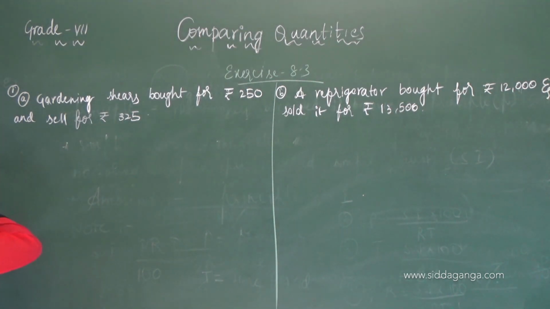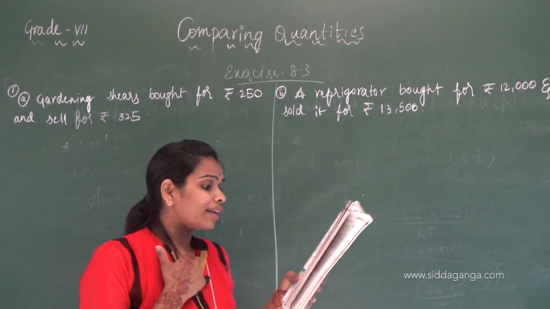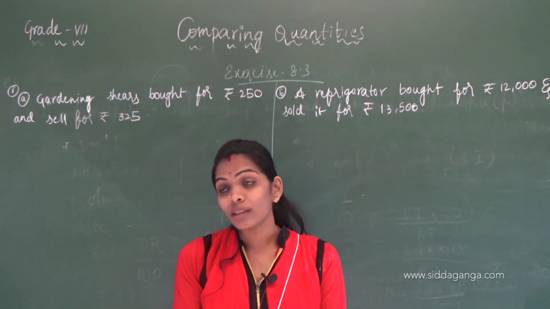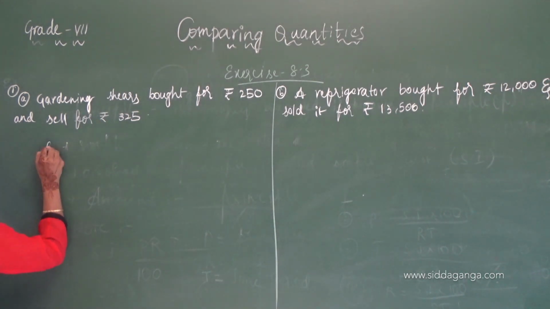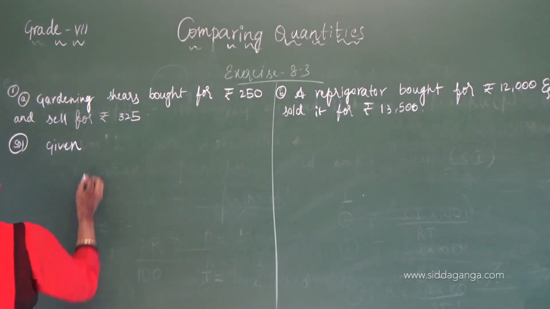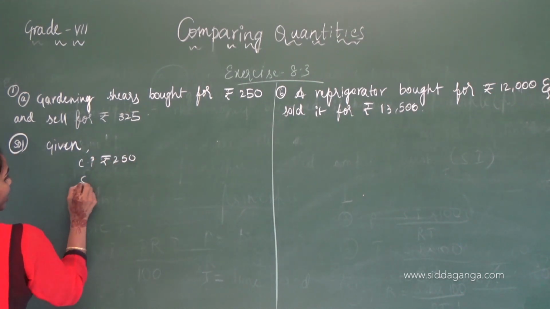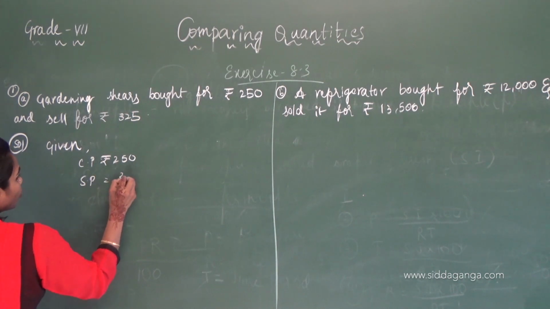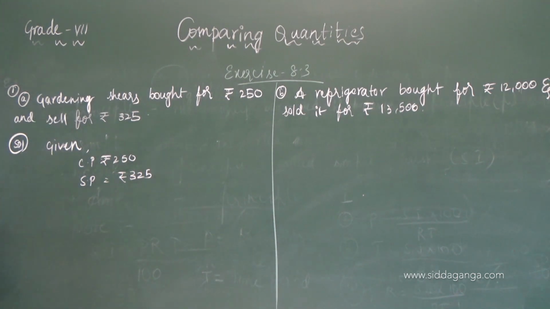Okay, gardening shares bought for rupees 250 and sold for rupees 325. Here, the cost of the gardening shares we bought is rupees 250. That means we have to write, given CP equals 250, SP equals 325.